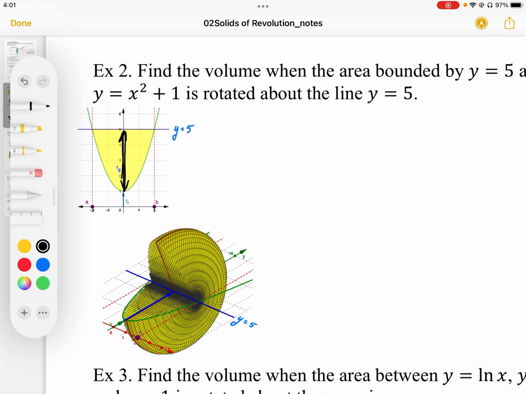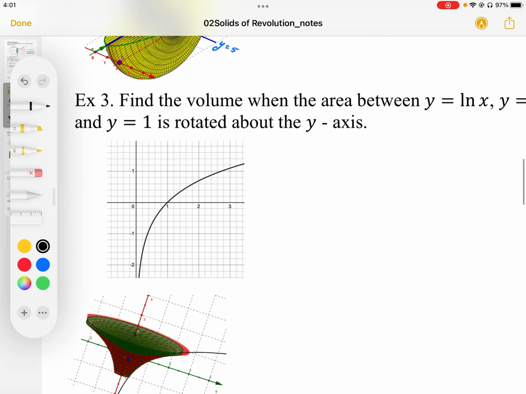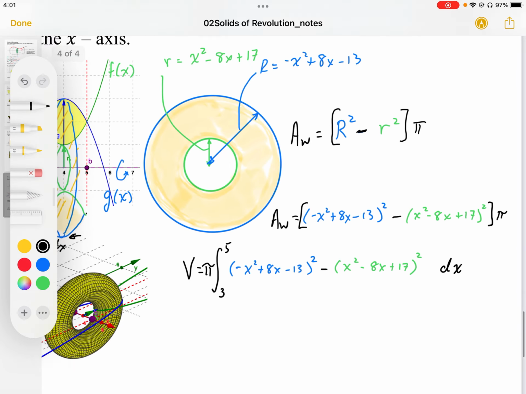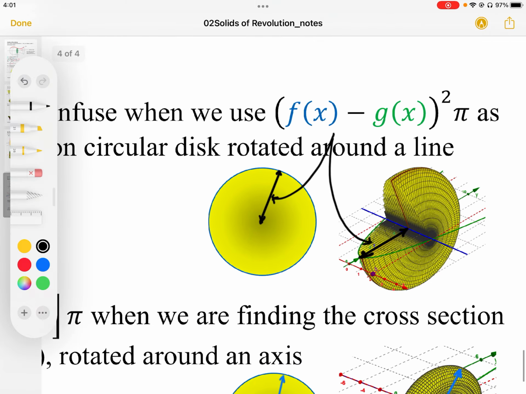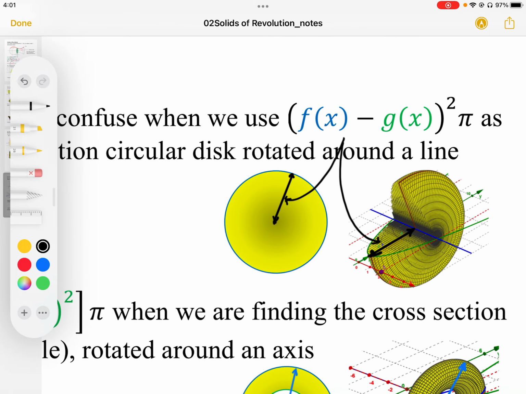We can tell that because when we take a cross-sectional slice of this object, that slice doesn't have a hole in it. It is a disc. So we calculate the area of this disc using the difference in the two functions to get the radius. That length, the black line radius, is represented by the difference in two functions, the middle line f and the green line g.